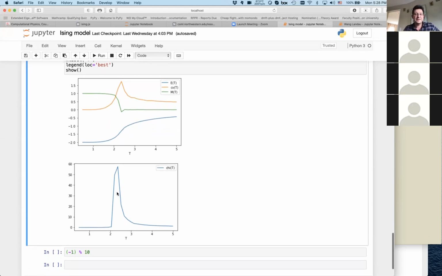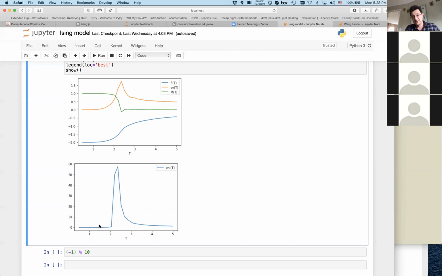Okay, so specific heat is plotted in a separate plot, and the reason for this is because specific heat diverges even faster. Now, we know that the specific heat should diverge as 1 divided by T minus Tc. So basically, this curve in the infinite system is 1 divided by T minus Tc about the critical temperature, and below it also diverges, I think with the same exponent, but the prefactor is smaller.